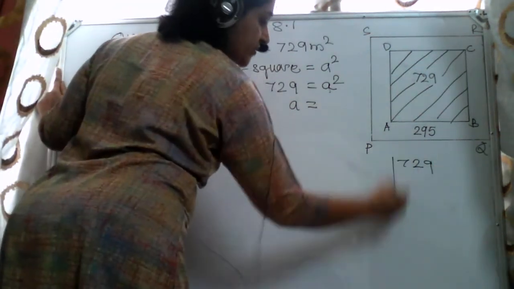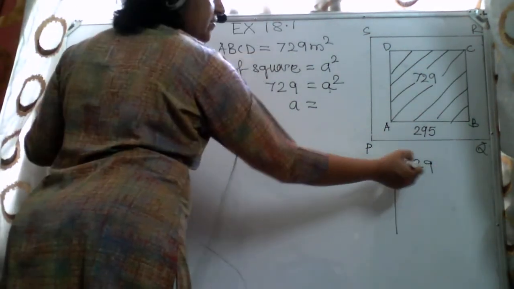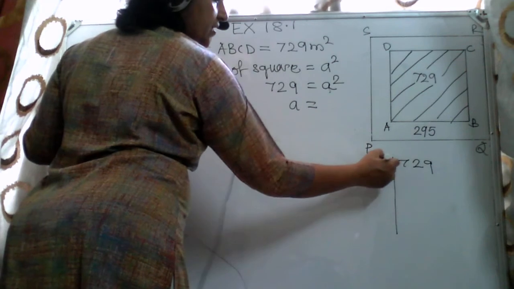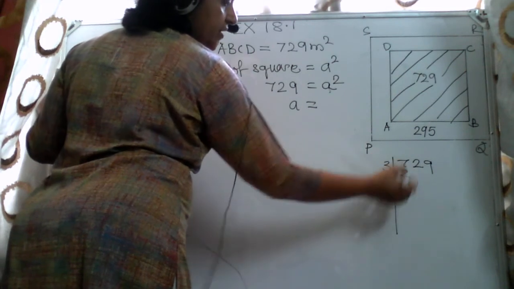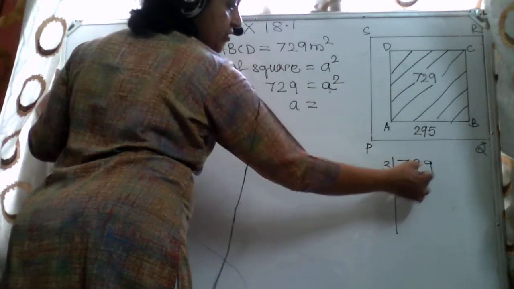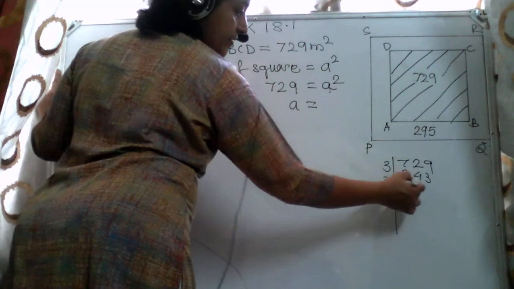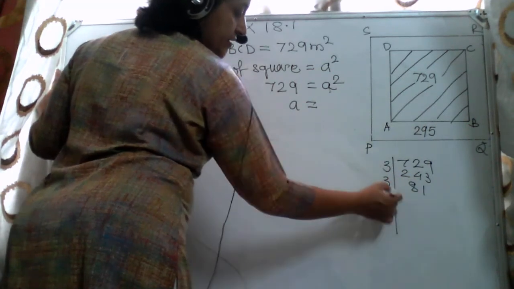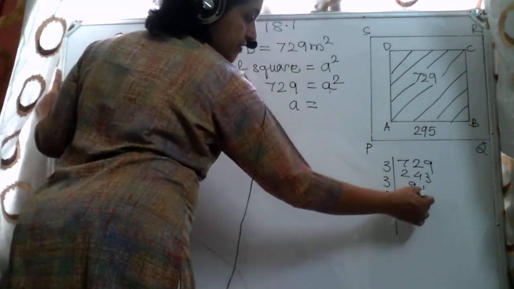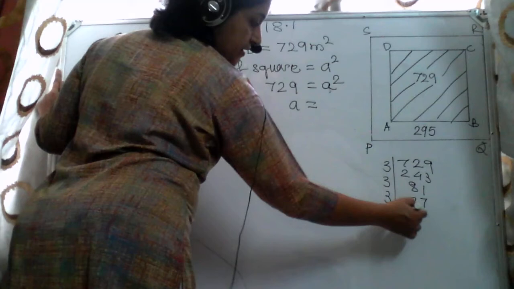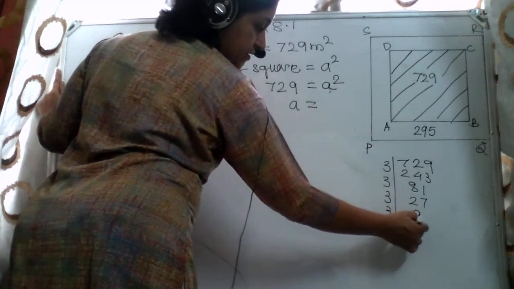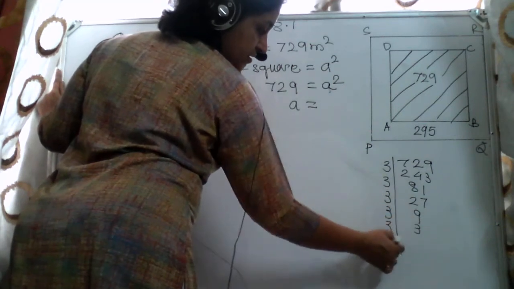729, you can find here, 3 2s are 3 4s are 3 3s are again 3. 3 9s are 3 3s are 9, 3 1s are 3.